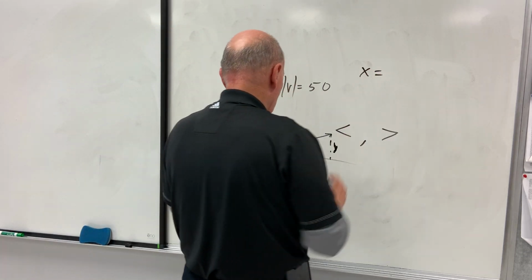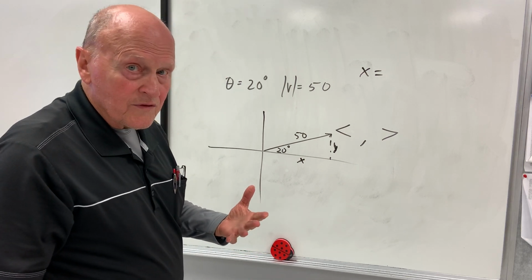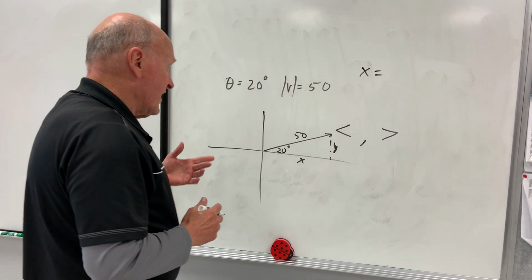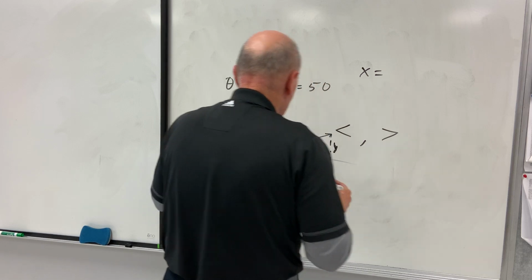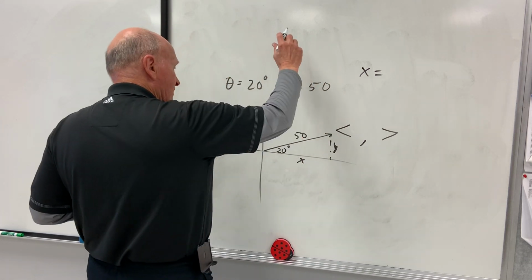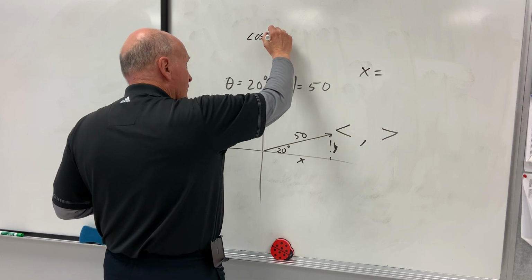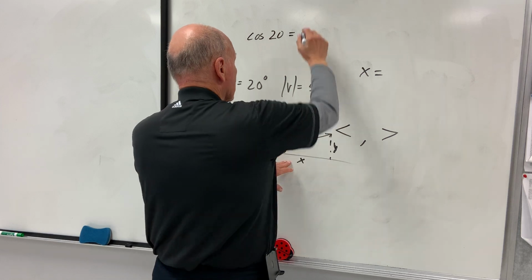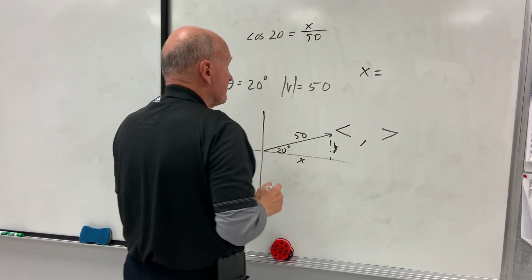X will be equal to... now you can reason through this, or you can go ahead and memorize it. Both of you probably do both. If I were to say cosine of 20 degrees, that would be adjacent, which is x, over hypotenuse, which is 50.